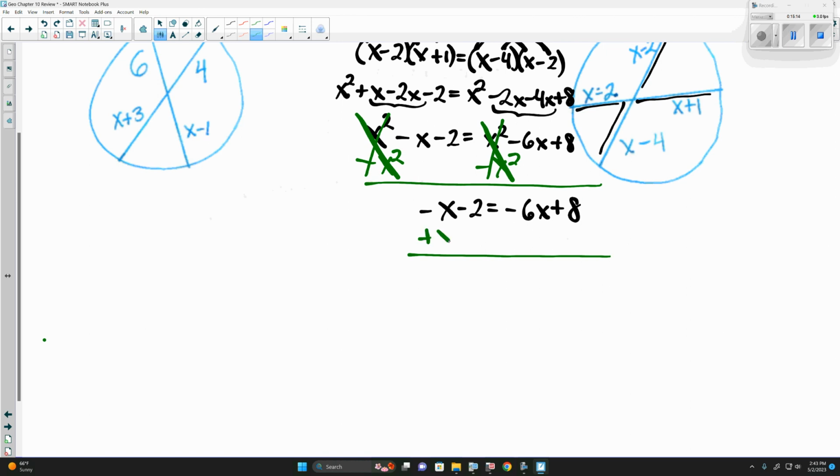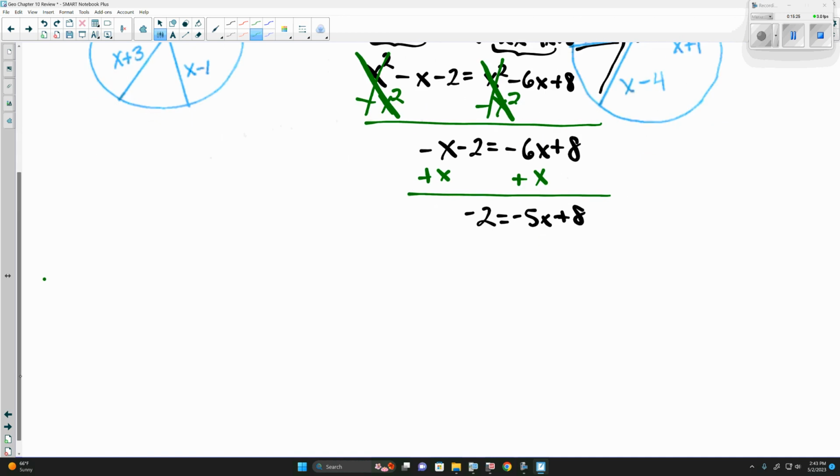We can add x to both sides, which will tell us that negative 2 is equal to negative 5x plus 8. Then we would minus 8 from both sides, telling us negative 5x is equal to negative 10. Divide both sides by negative 5, telling us x is equal to 2.